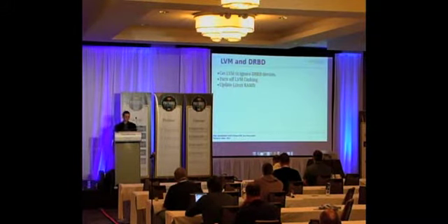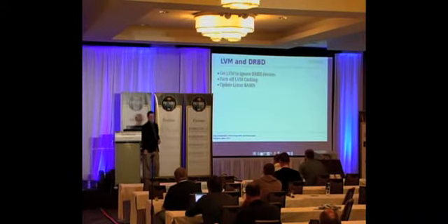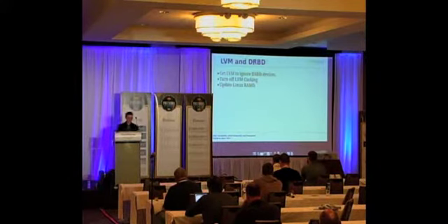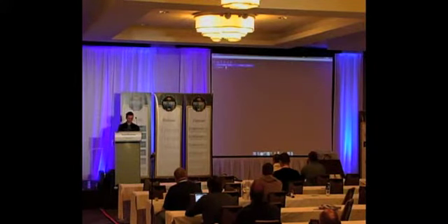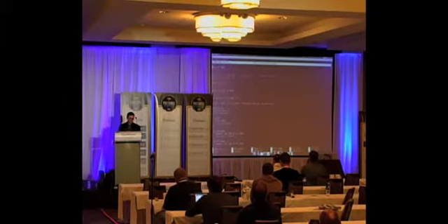So there's a few things about DRBD and LVM. DRBD is a handy-dandy little thing to have around, but LVM and DRBD are kind of kernel-level modules, so they don't really like each other all that much. So you've got to tell LVM to ignore DRBD.